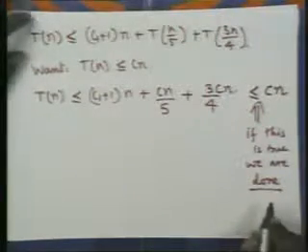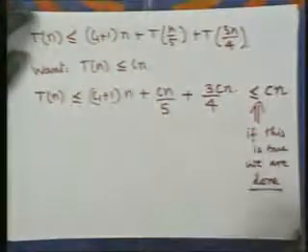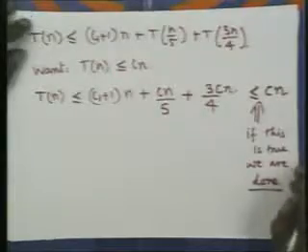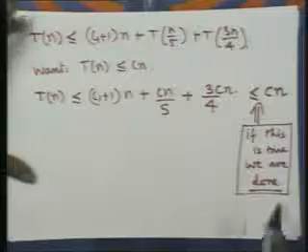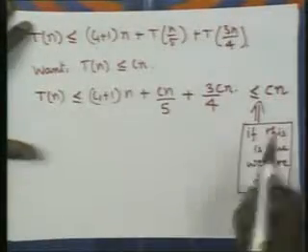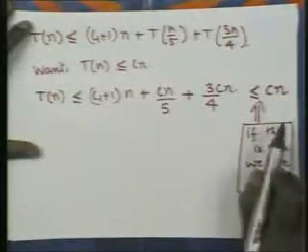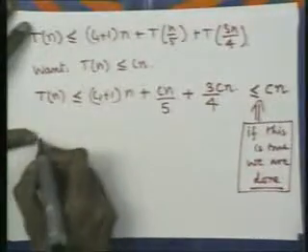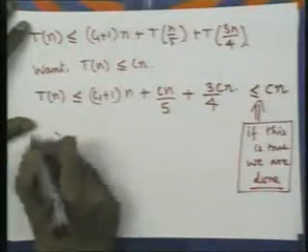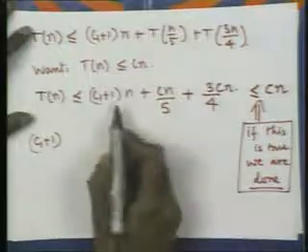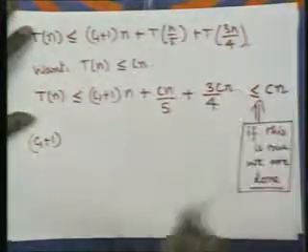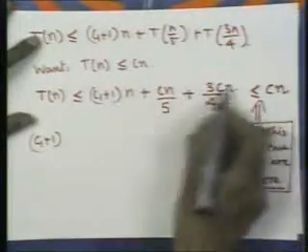Because we can actually prove this by induction. Even if you don't understand why we are done at this point, we would like to find a C which satisfies this. So let us find that. We want (C1 plus 1) n plus this less than or equal to Cn. So n cancels from these.